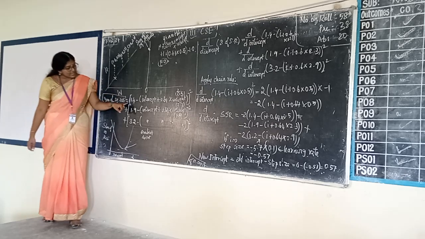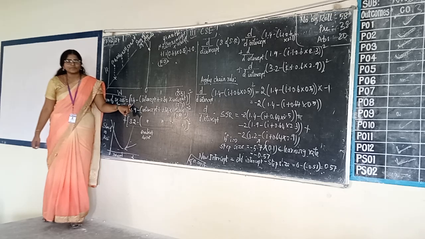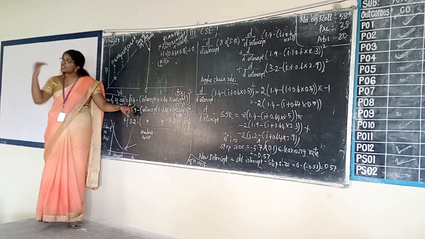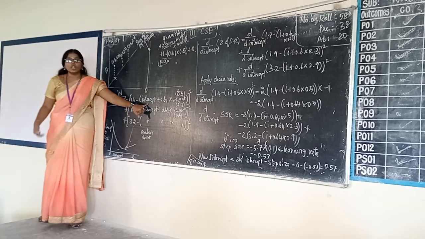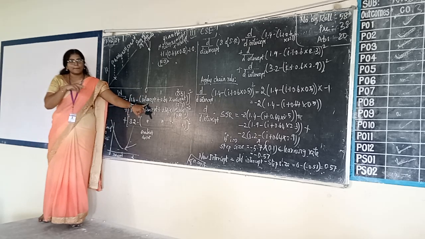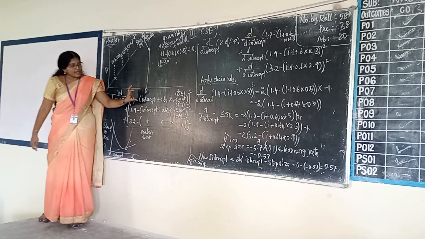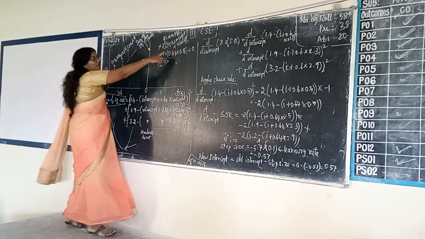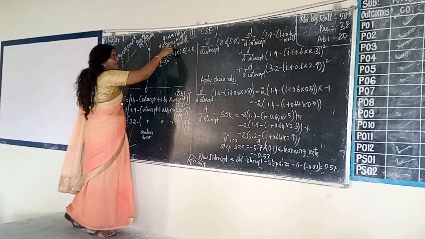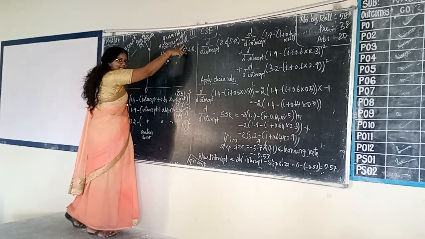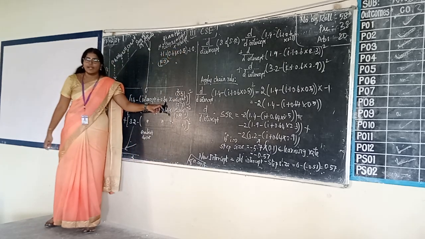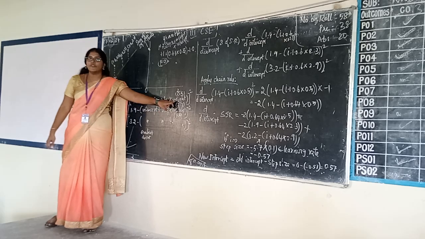So this is nothing but our actual value. 1.4 is the actual height. This is the predicted height. We are applying the formula: predicted height is equal to slope into weight plus intercept. So intercept plus slope value, which is 0.64, into weight.